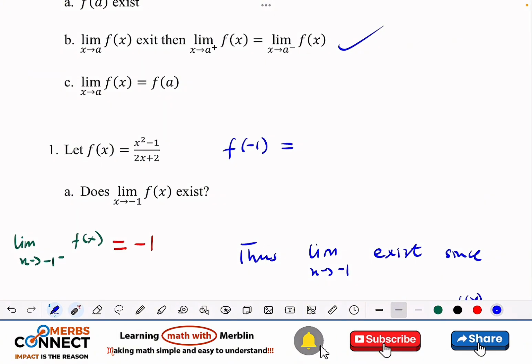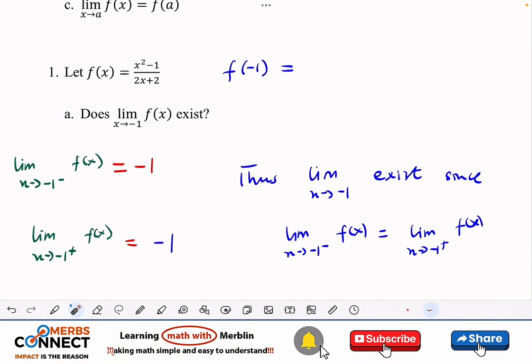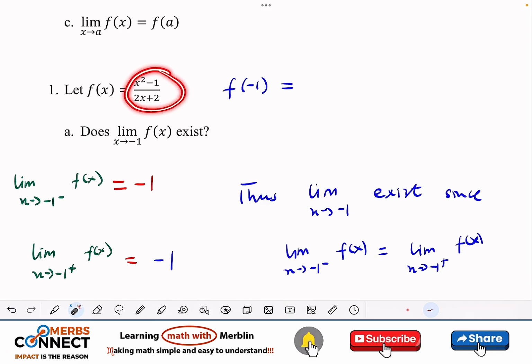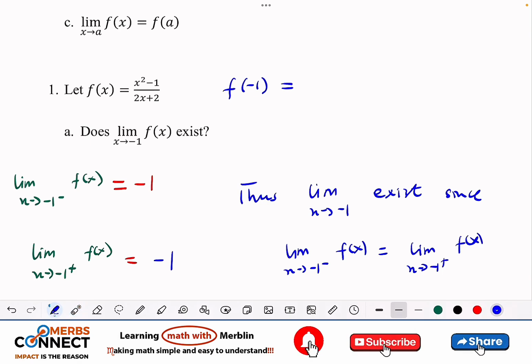Now one thing about this is, anytime you are dealing with this, you don't simplify. For example, the one that we did here, because it was a limit, we needed to simplify. But when we are doing direct substitution, we don't simplify, even though we know that we can simplify and cancel out. So this one will be -1 squared minus 1 divided by -2 times -1 plus 2.